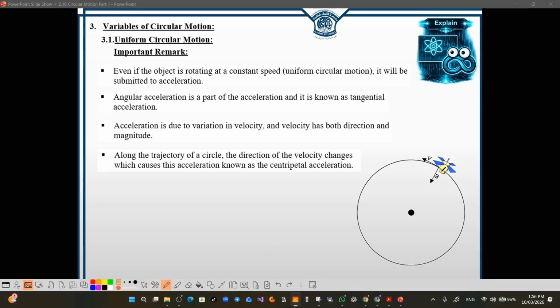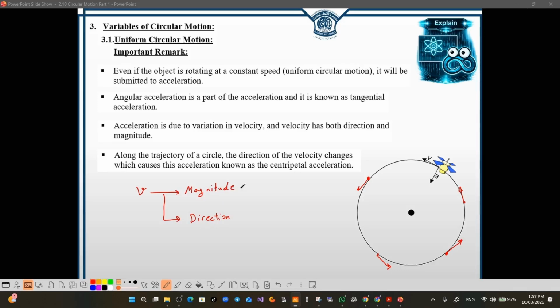Now, let me summarize what I read in the previous section. As you can see here, the velocity kept changing its direction. Whenever I want to change the velocity, I can do that via its magnitude, meaning the numerical value, or its direction, or both. But to change it, you need to apply acceleration.